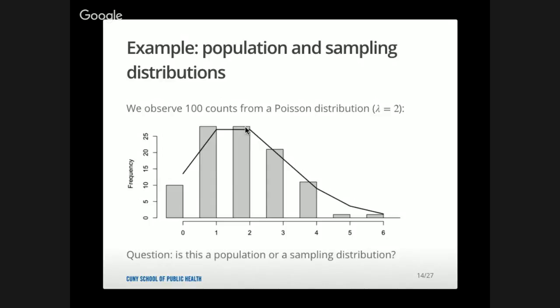That may be Poisson distributed, or more to the point, it's just one gene of interest, and we have 100 patients where we've done our sequencing, and this is the number of reads for that gene observed in each of those 100 patients.